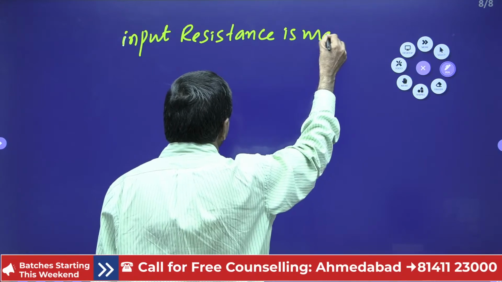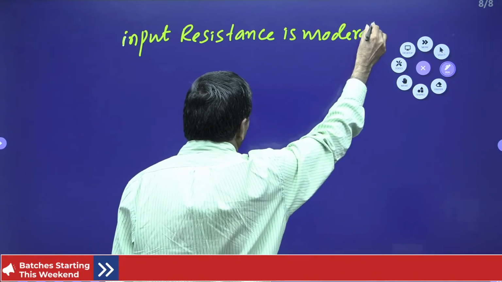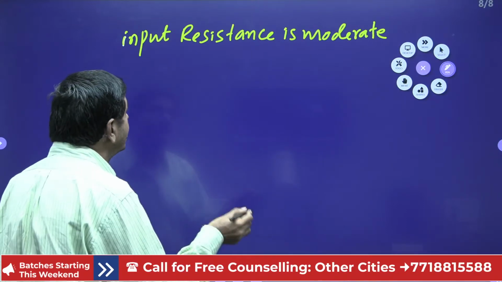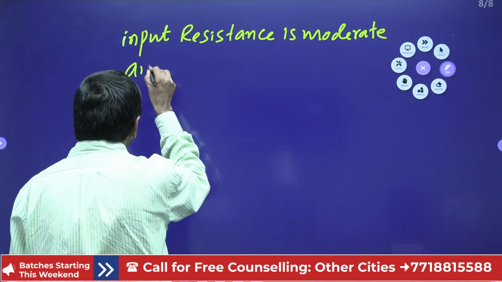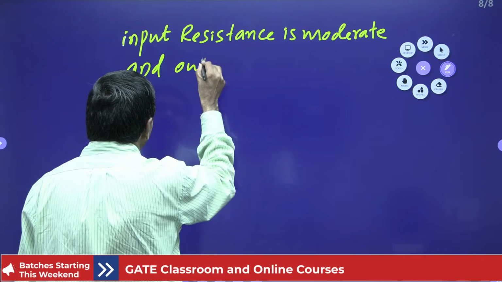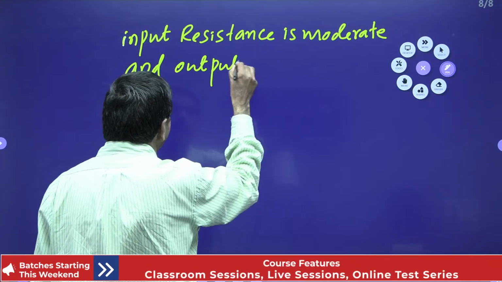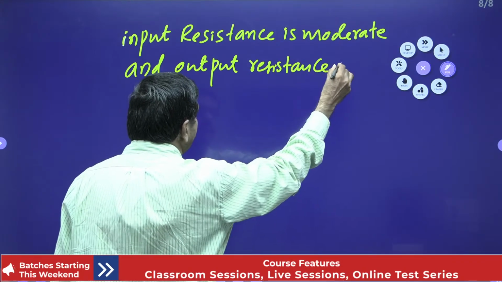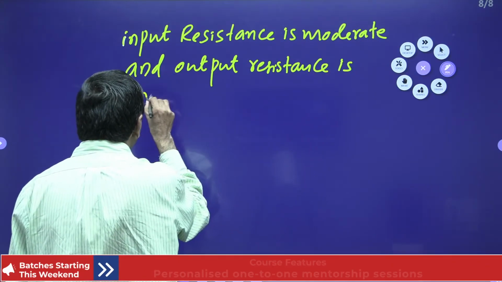Why is it moderate? I will explain later. For the timing, just note it down. Input resistance is moderate, and output resistance is moderate. Both are maintained moderate only.